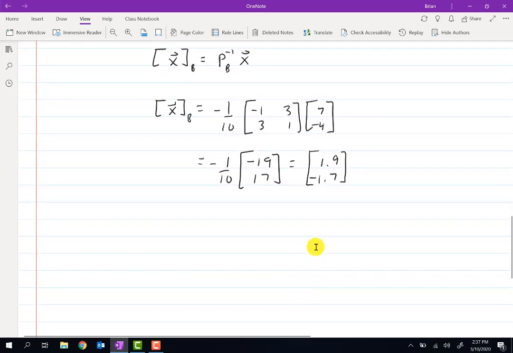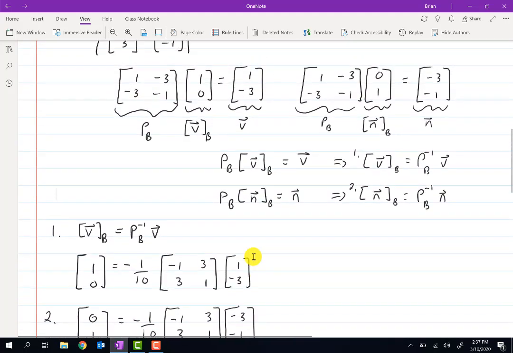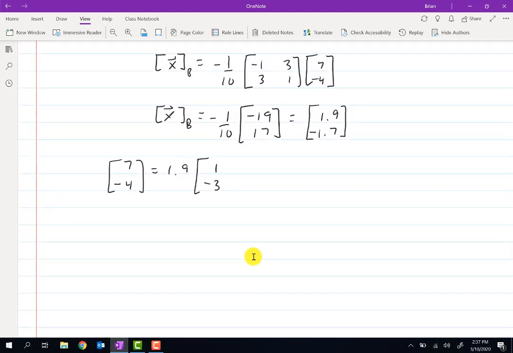Now, this is the value of x with respect to this new basis. And I want you to understand how this actually works. You take your 7, -4, and do 1.9 times the first basis vector, which was 1, -3, and the second basis vector was -3, -1.